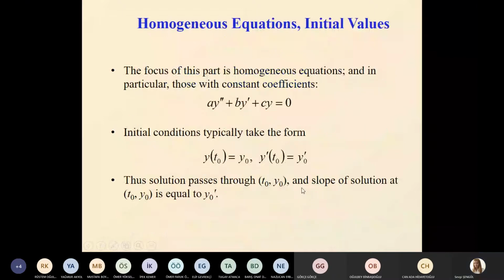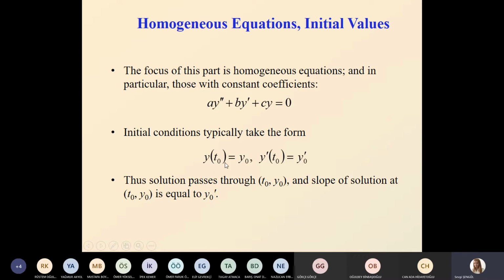Okay. So again, the focus of this part is homogeneous equations and in particular with constant coefficients. So in this part, we will be talking about this kind of differential equations. As you can see, a, b, c are just constants. There is no t in the coefficients. And initial conditions, since we are talking about a second order derivative, we need two initial conditions because we need to find c1 and c2, the unknowns.